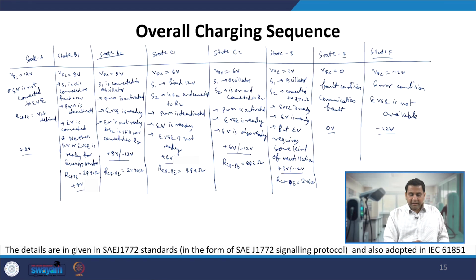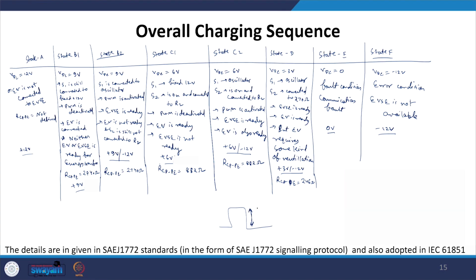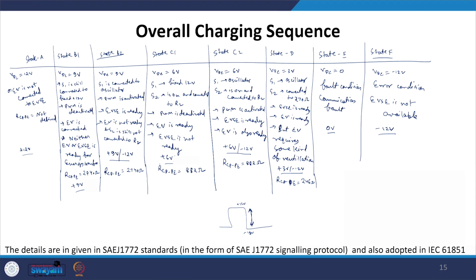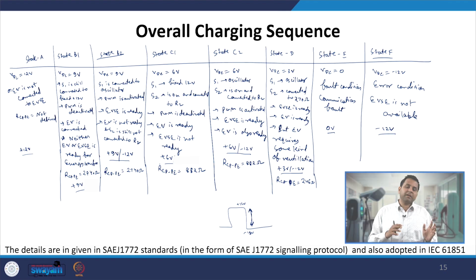Now till now we have only been talking about the voltage levels of the PWM, which moves between plus 12 volt and minus 12 volt. The voltage level tells whether EV is ready for energy transfer or not, and EV comes to know whether EVSC is ready by detecting the duty ratio and the frequency of the PWM.